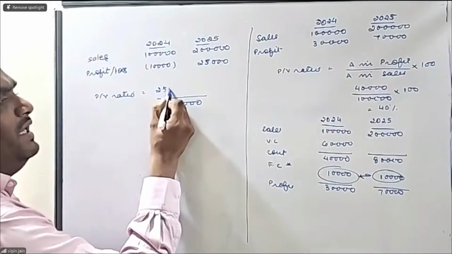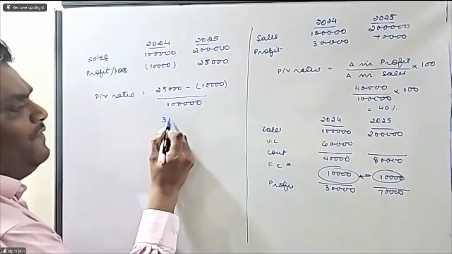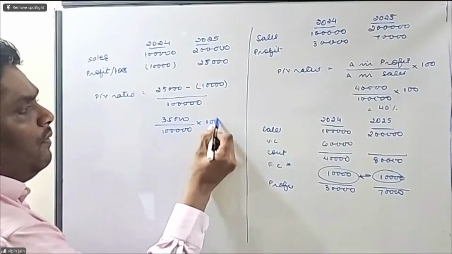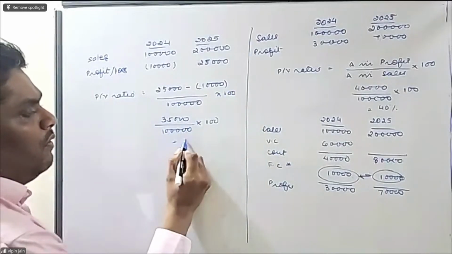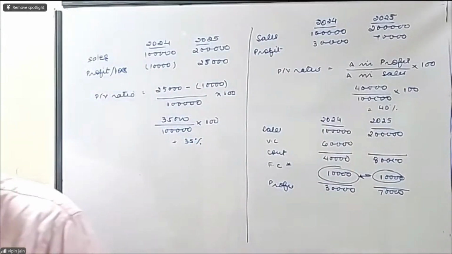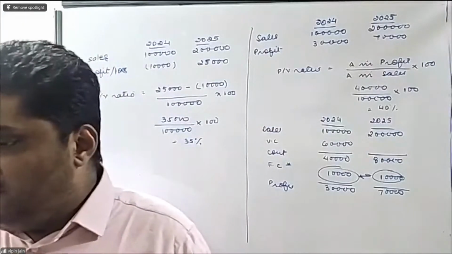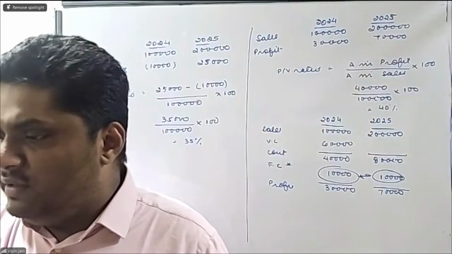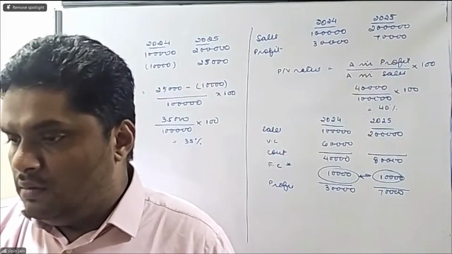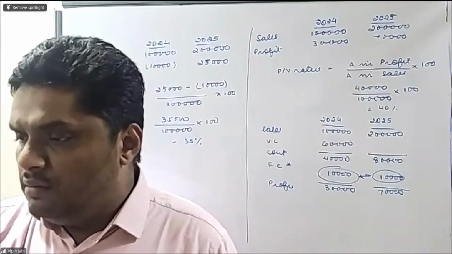It means the overall change is 35,000. So it is 35%. I request you guys to please copy this explanation.